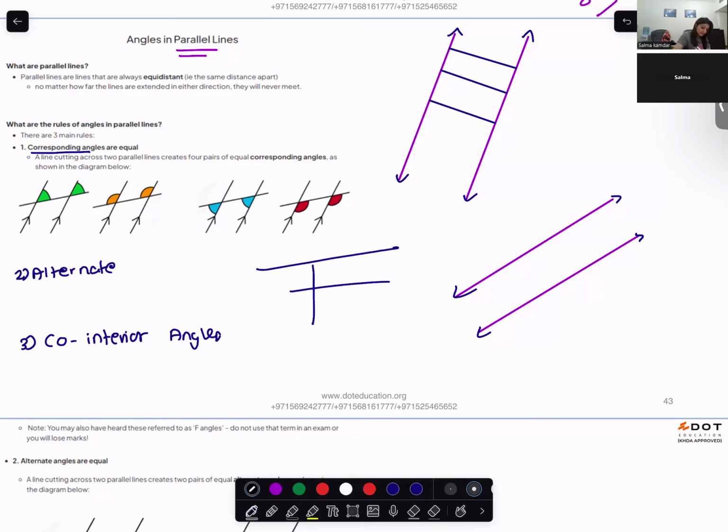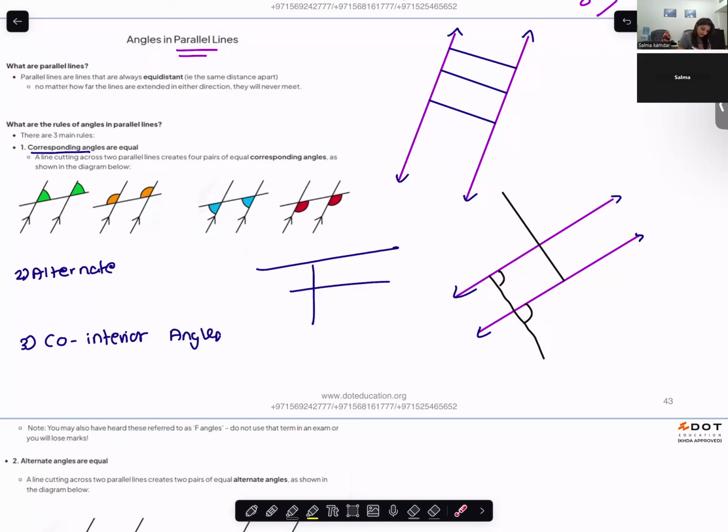It will be in the shape of F, 1 and 2. It could also be like this, in the shape of F. So 1 and 2, corresponding angles. Angles in the shape of F.